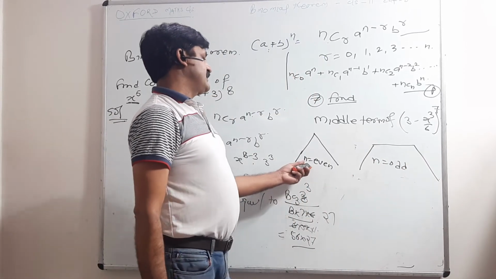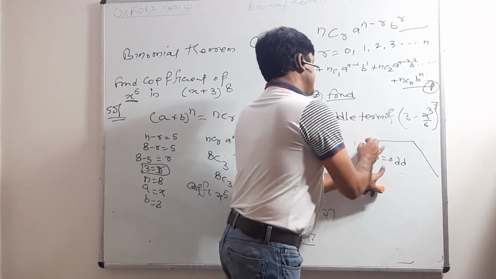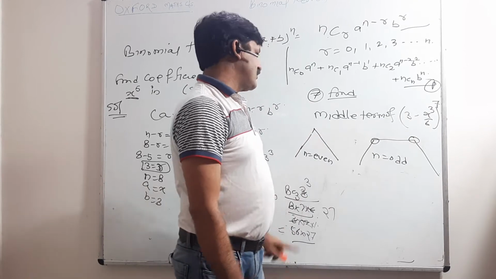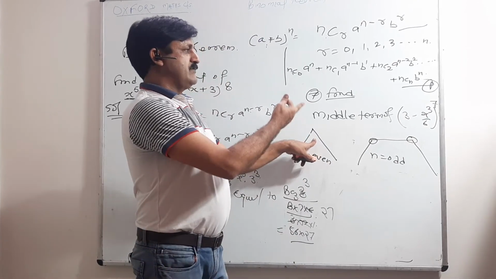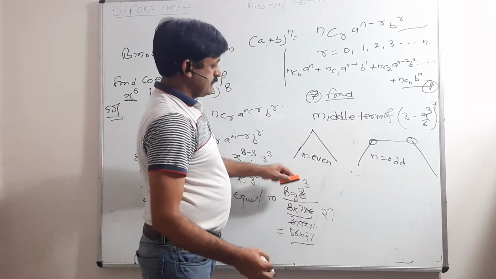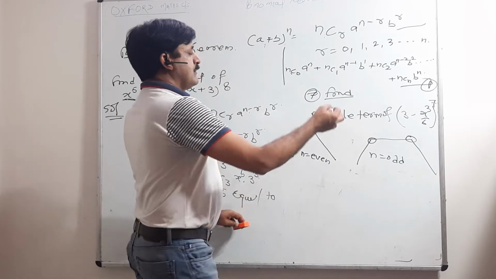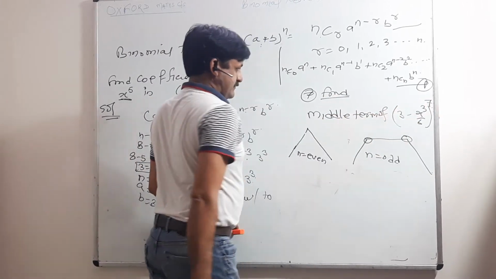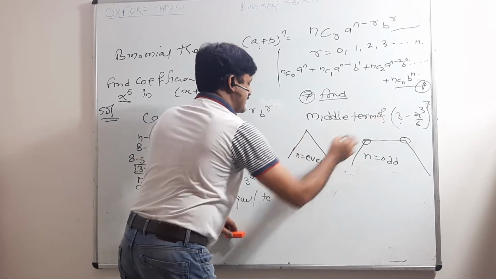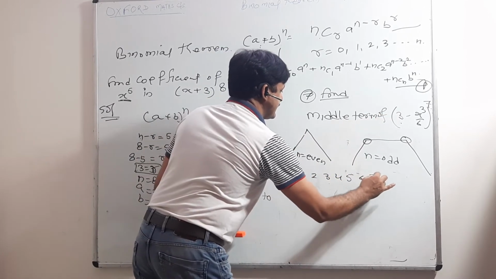If n is even, then there is a single middle term, and if n is odd, then there are two middle terms. In that particular case, n is equal to 7, which is odd, so there are two middle terms. Power 7 means the total terms of this expansion are 8: 1, 2, 3, 4, 5, 6, 7 and 8.